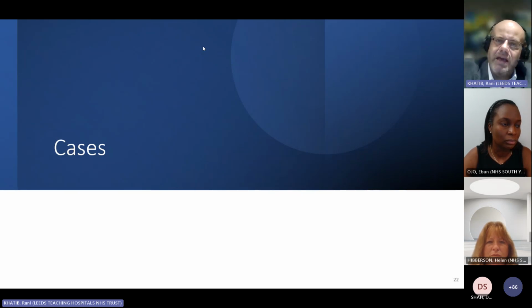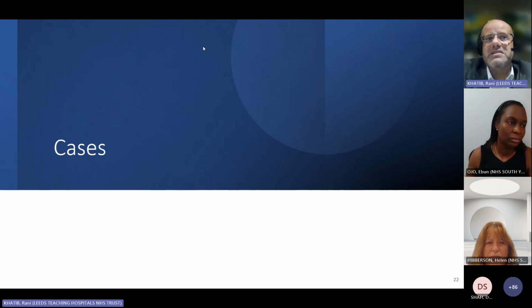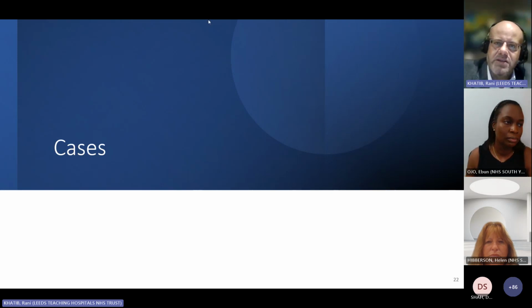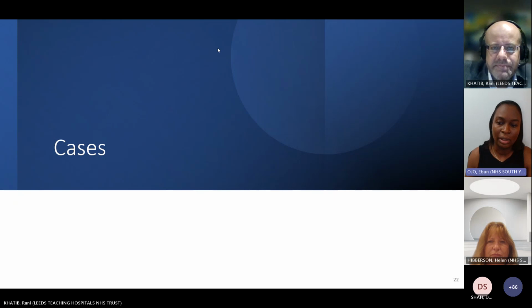I will probably be more comfortable using a 1, 2 or 3 week washout period when there is no significant elevation of CK levels, that's more than 4 times the upper limit. But in cases where there isn't CK elevation, a 1 or 2 week washout period seems reasonable to consider. That's my practice. Okay, thank you very much.